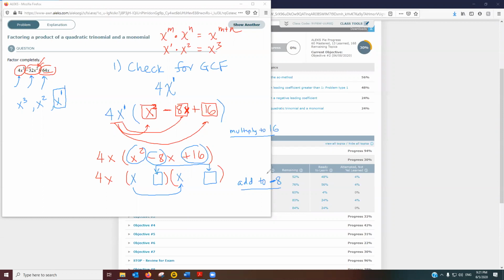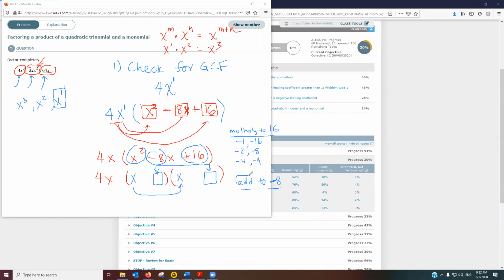So I really need two negative numbers to multiply to 16. So I could use -1 and -16, I could use -2 times -8, or I could use -4 times -4.